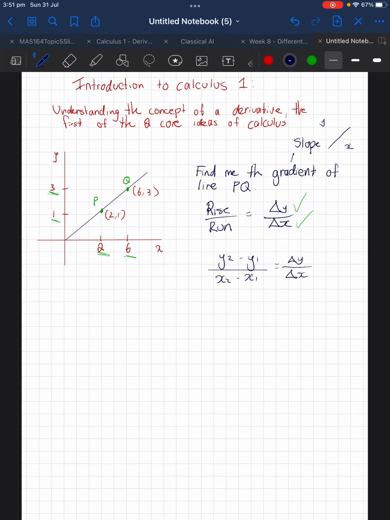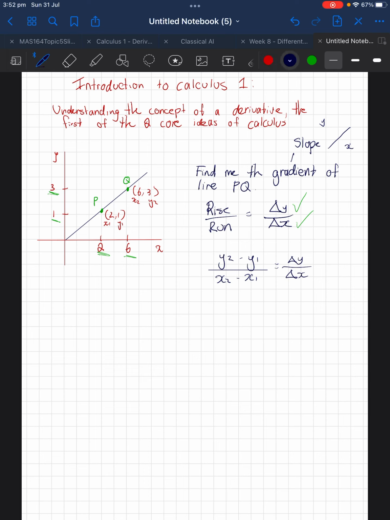Now all we have to do to find the gradient of this line is to plug our coordinates into this. Well, actually, first let's give them their coordinates. So that's x1, y1, x2, y2.